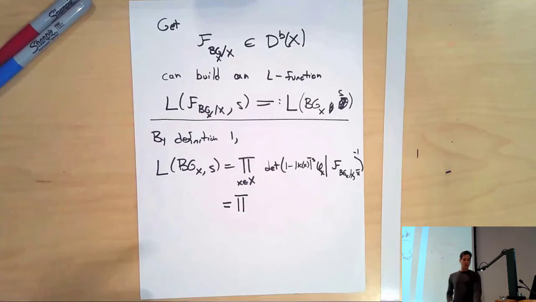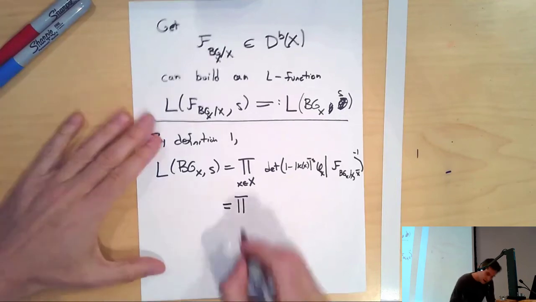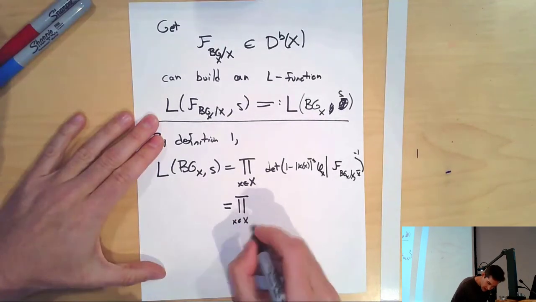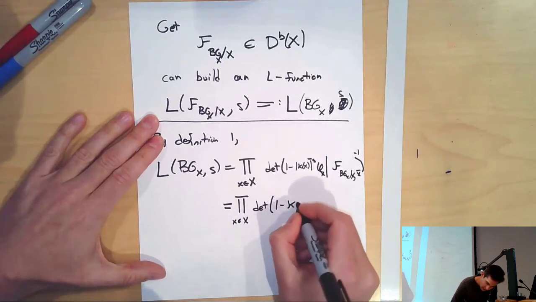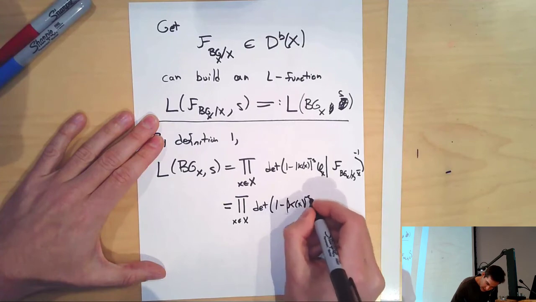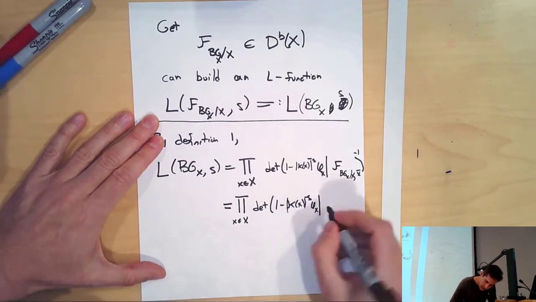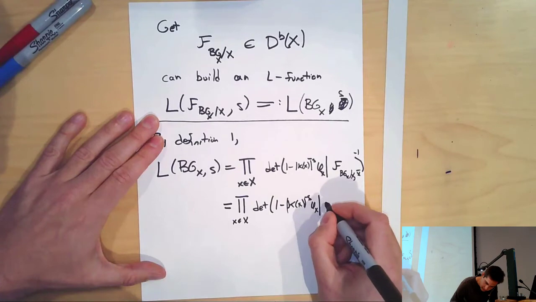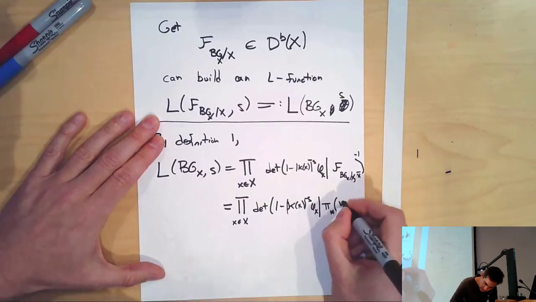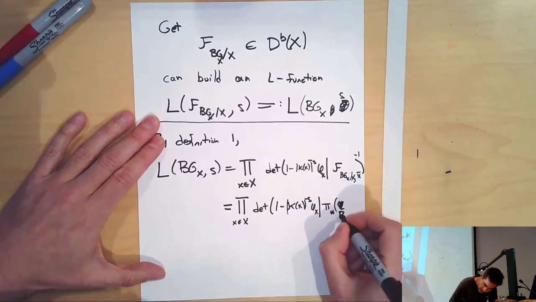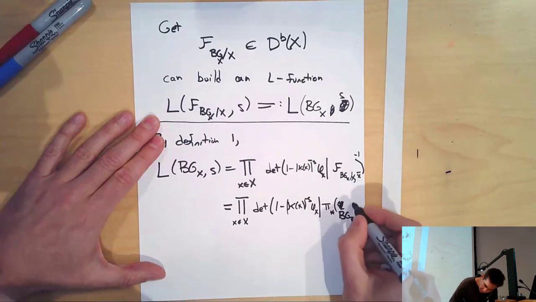right? The defining property of this sheaf is that I know its stalks at geometric points should be computing the homotopy groups of the fiber. So this is a product over the points x of the determinant of 1 minus kappa x to the minus s, phi sub x, evaluated on the determinant of that acting on the homotopy groups of, well, let's call it BG sub x bar.